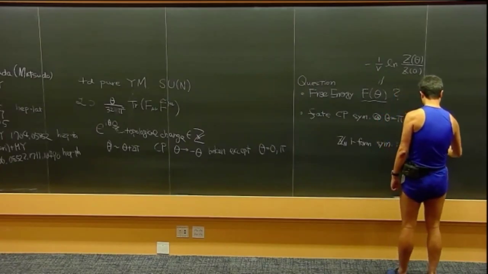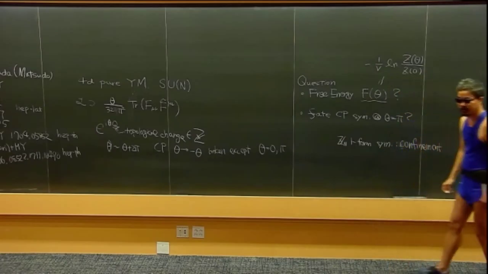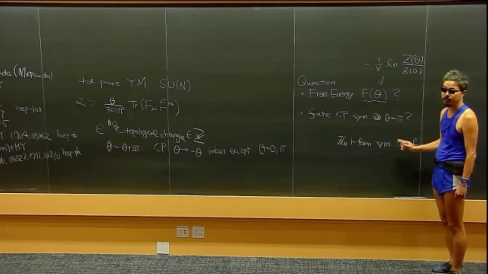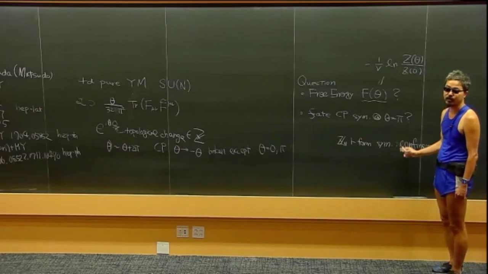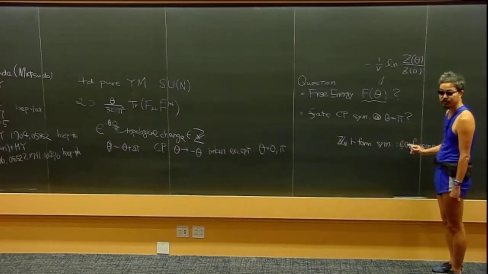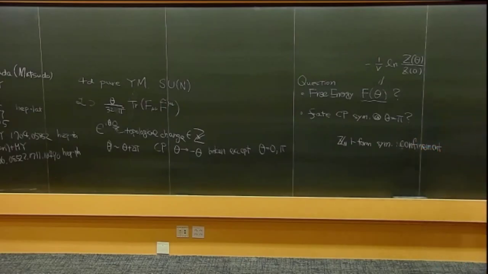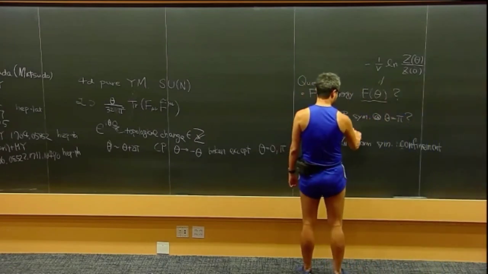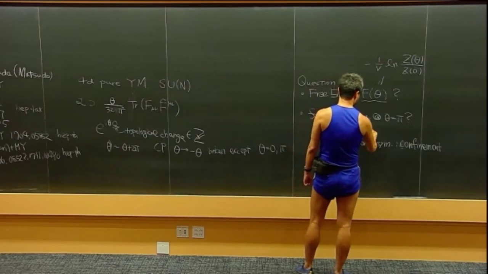In general, the definition of confinement is not completely obvious, but at least if there's a center symmetry, it's a sharp symmetry, so you can discuss whether it's broken or not. If it's unbroken, you say it's confined. If it's broken, it's deconfined. It's almost a definition. And then there is a mixed anomaly between these, at theta equal pi.